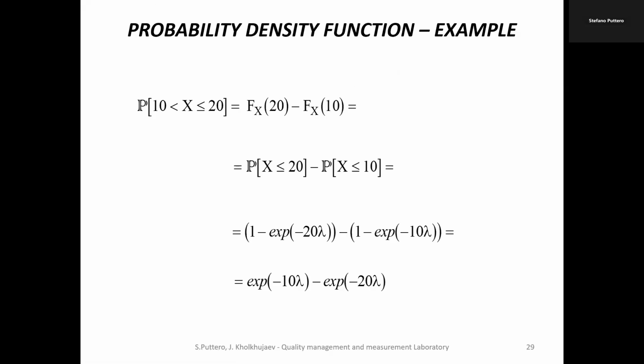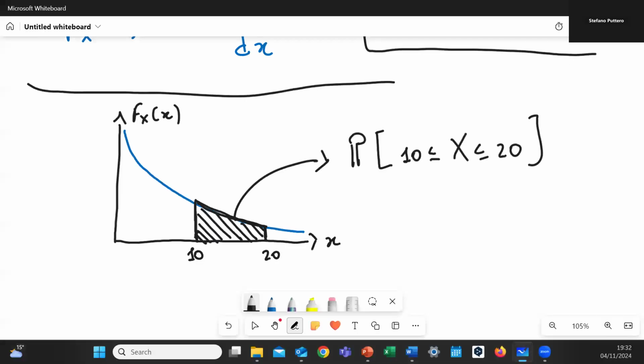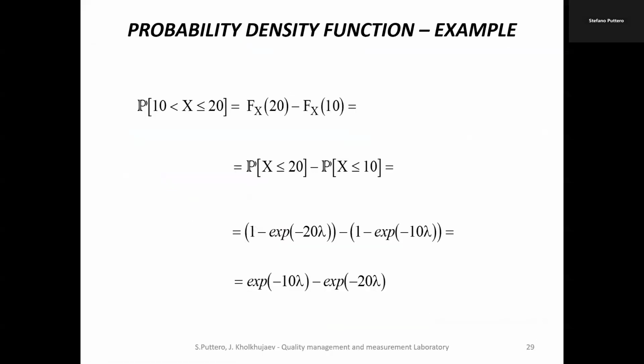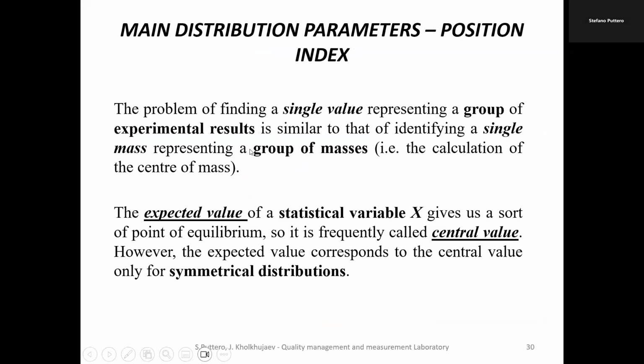Okay, but the important thing is to understand from a graphical point of view, what I've drawn here on the whiteboard, what the meaning of the probability is in the context of a continuous random variable. So we can go on.